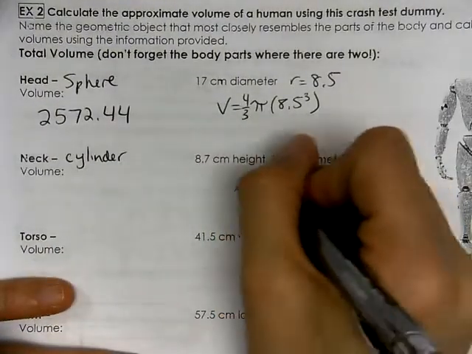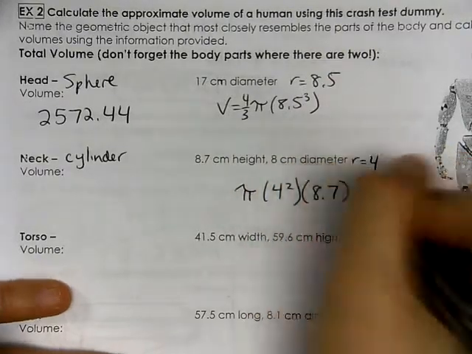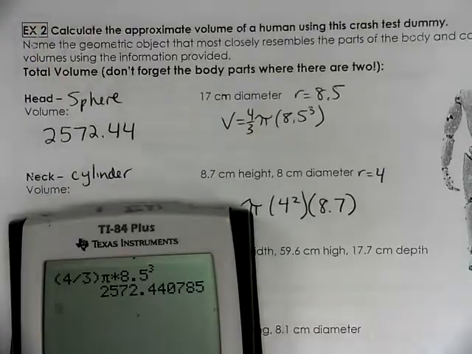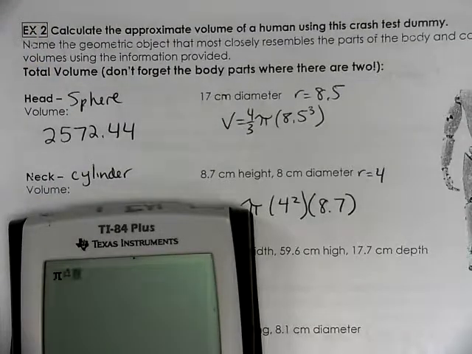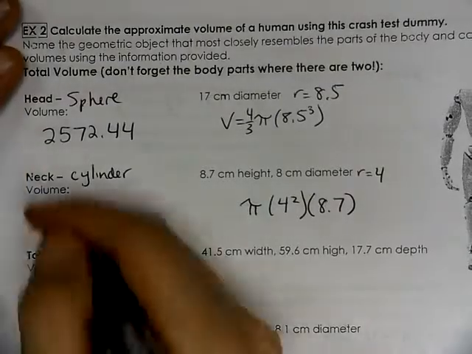So we're going to do pi 4 squared times 8.7. So 437.31.